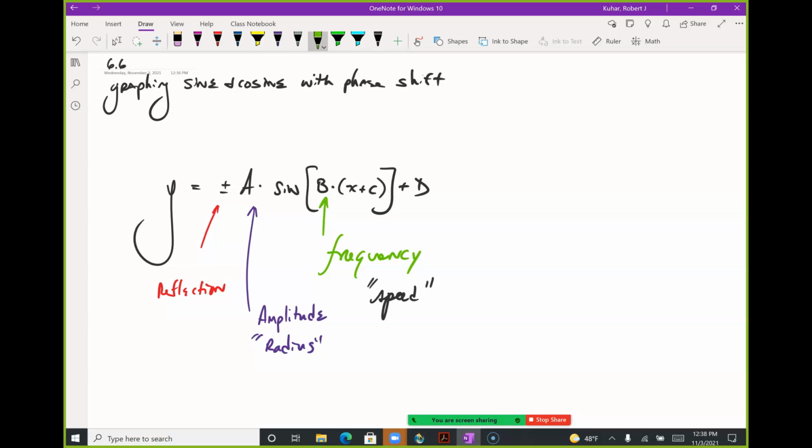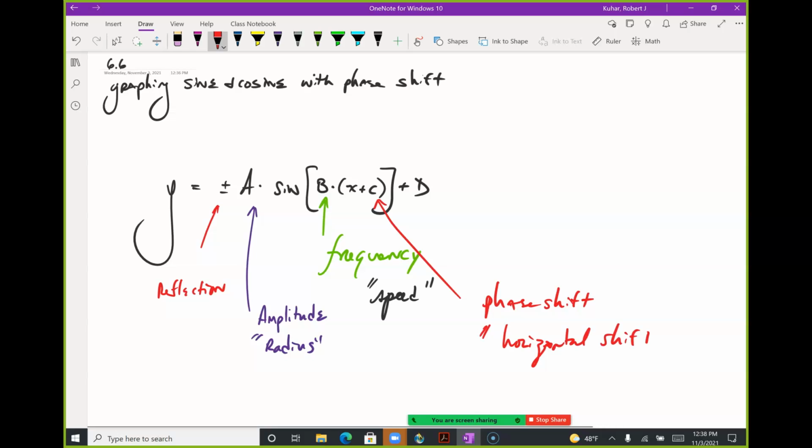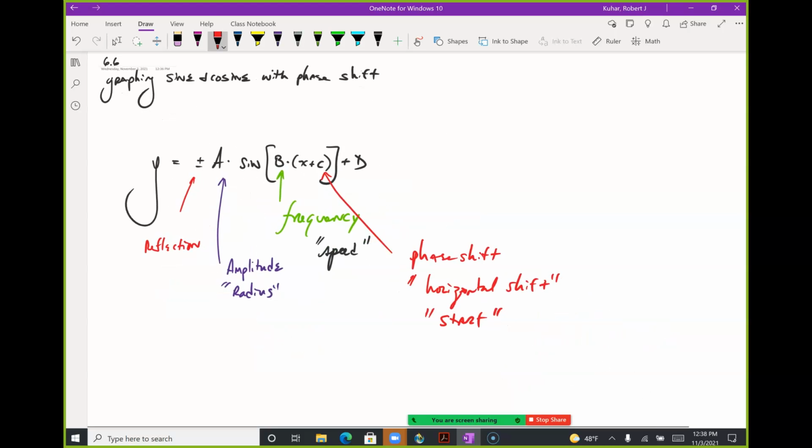C is my phase shift. I think it's easy to think of that as the horizontal shift, right? And the start. I want to think of it as the start. That'll make a little bit more sense later. And finally, D is called the midline, or the vertical shift.